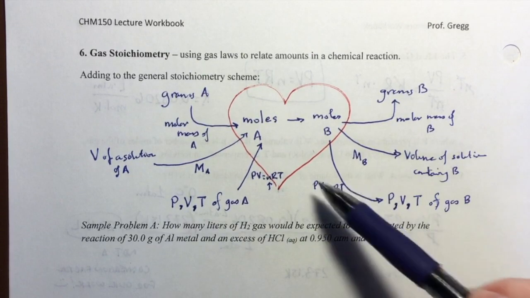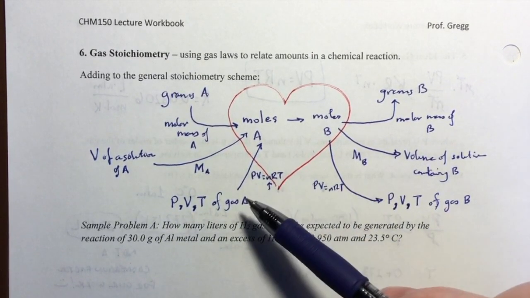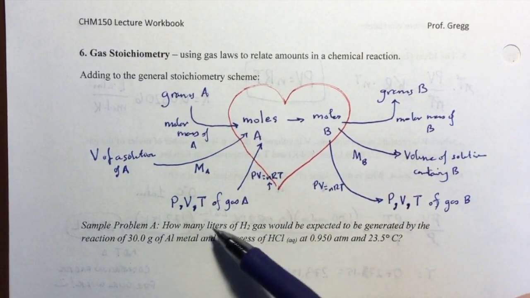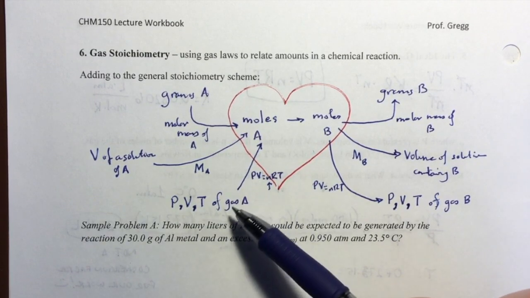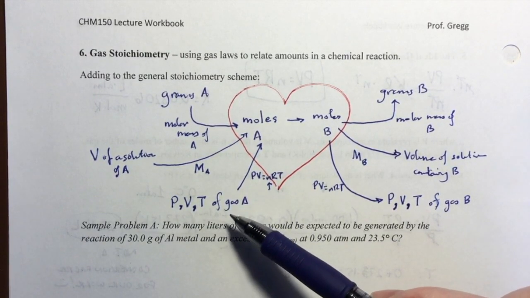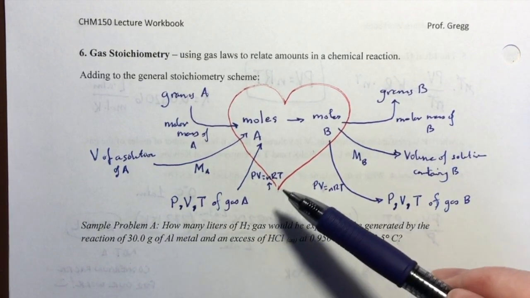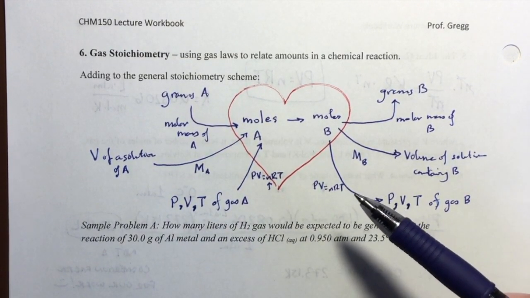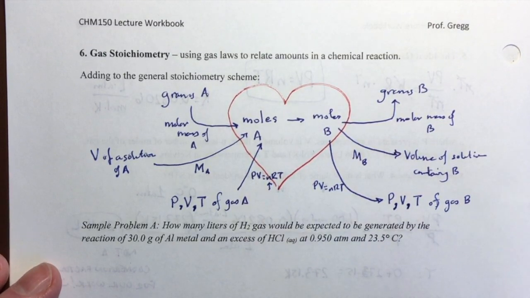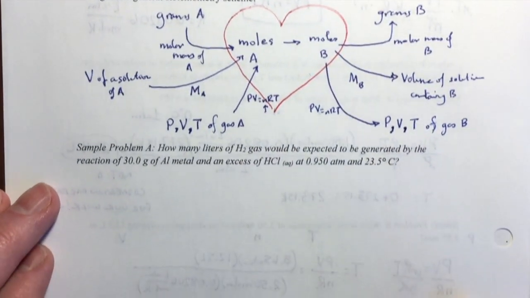Yes, you can set it up all as one long stoichiometry problem, but I think when we're dealing with gases, it's probably easier to keep it in mind as doing it as separate math problems. And I'm going to give you an example right down here. So we're going to work through this sample problem together.